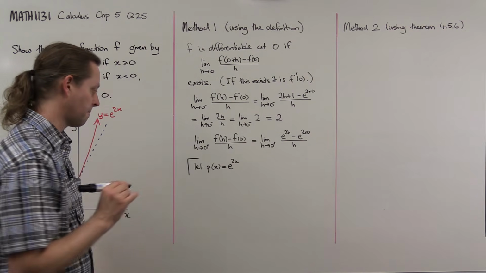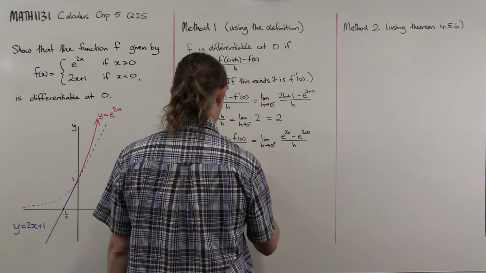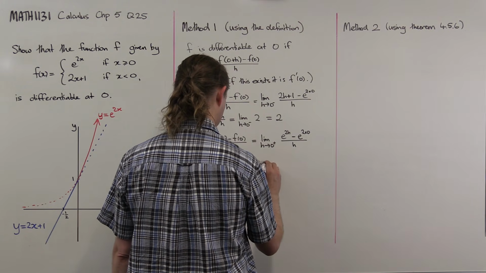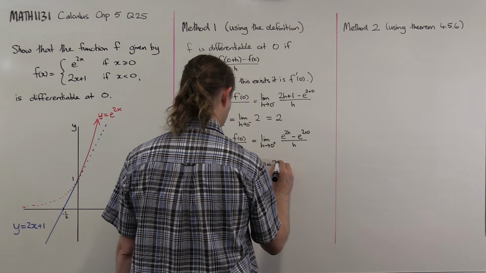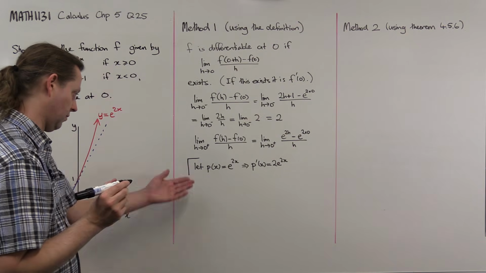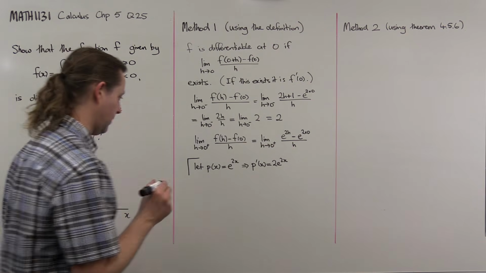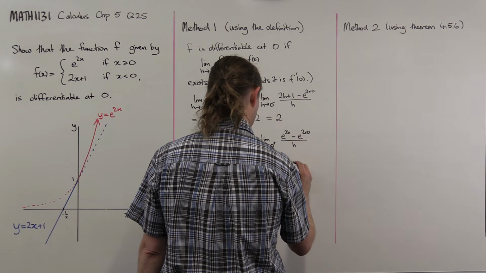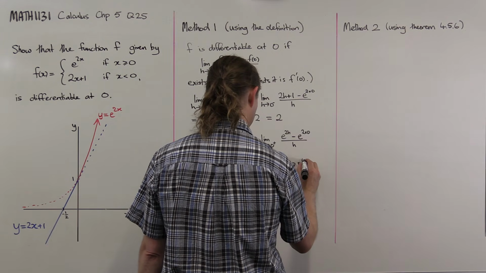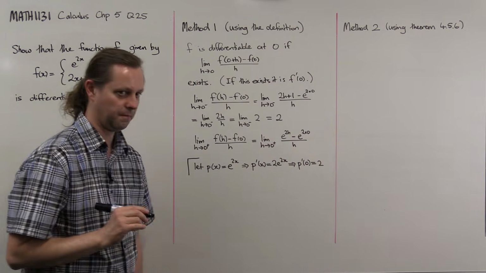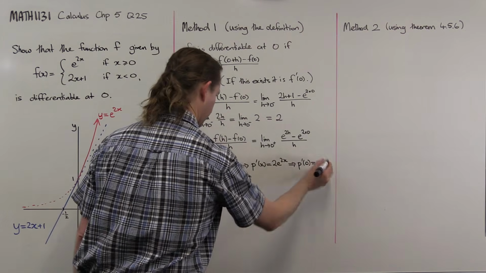Then this is a differentiable function. P dashed of x is 2e to the 2x. We know that by what we know about how to differentiate the exponential function. This tells us that p dashed of 0 is 2, which is the number that we would like this to be.